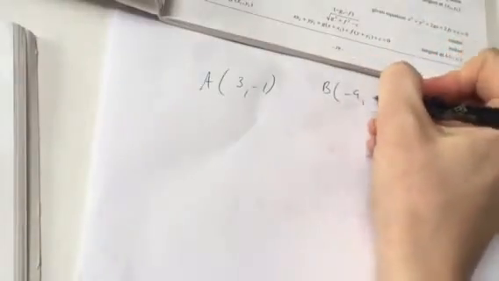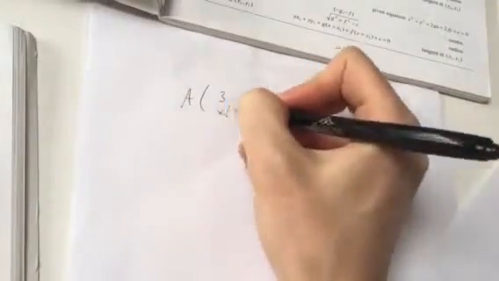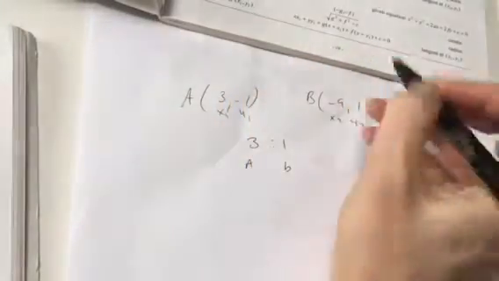So let's have a look at an example. Say I have a point A, which is 3, minus 1, and a point B, which is minus 9, 1, and I want to divide it into the ratio of 3:1. So that's A, that's B. I'm going to call them x1, y1, x2, y2.